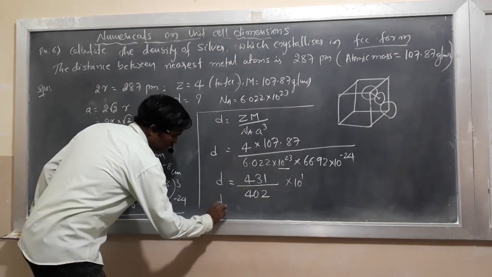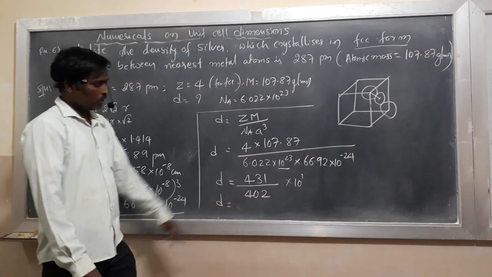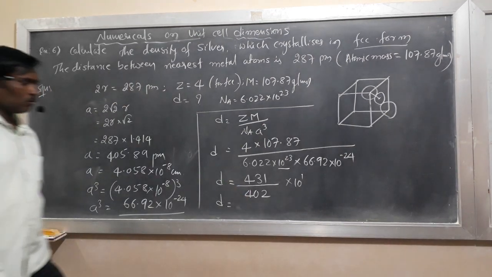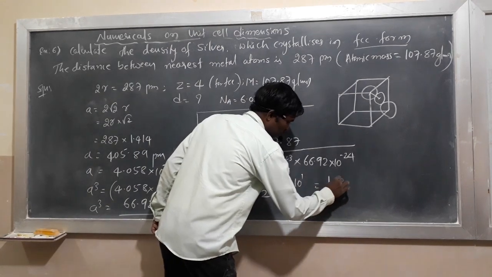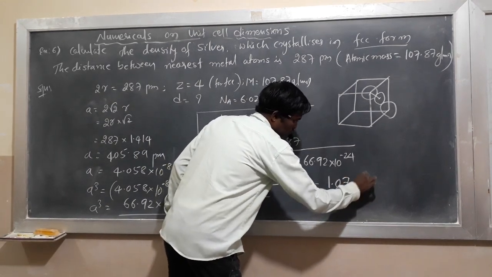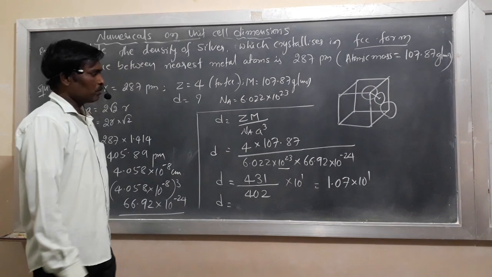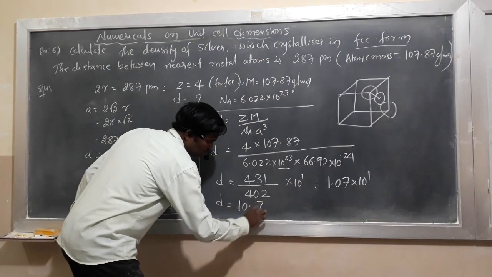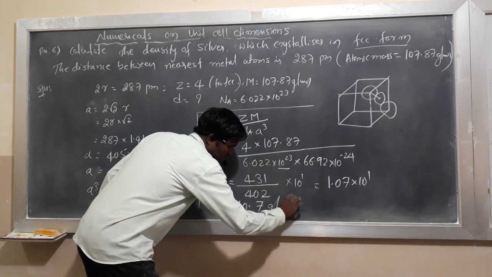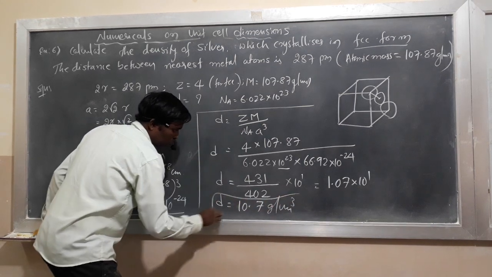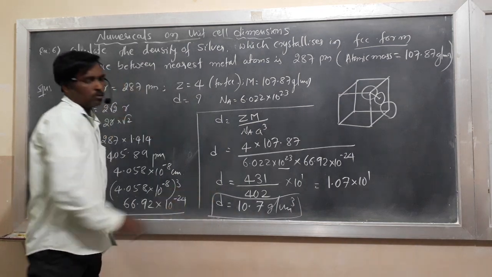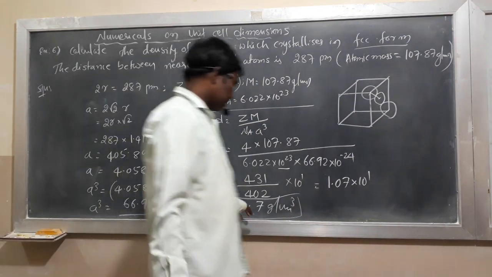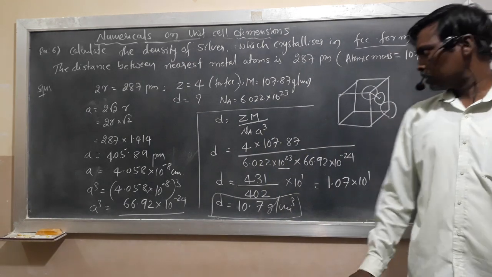Then density equal to 431 divided by 402, which is equal to 1.07 into 10 raised to 1. So 10 raised to 1 means just multiply that by 10. Therefore the density is equal to 10.7 gram per cubic centimeter.